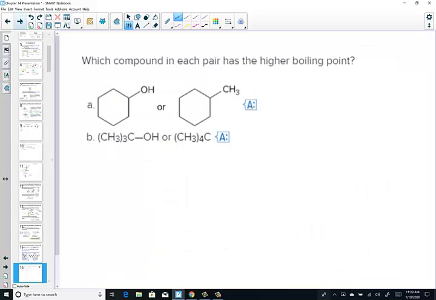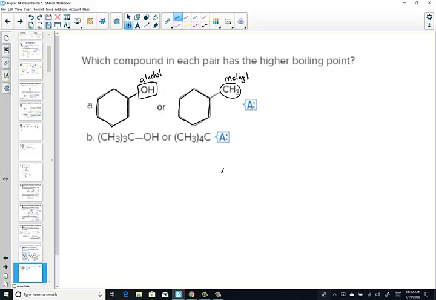So which compound in the following pairs has the higher boiling point? All right, so we're just going to look at some structural things. I notice that here, letter A, I have cyclohexane attached to an alcohol functional group. Here's the same cyclohexane, but now it's just attached to another boring hydrocarbon. It's a methyl group.